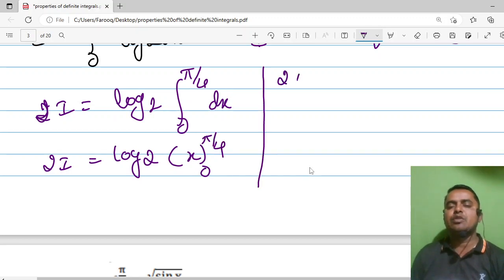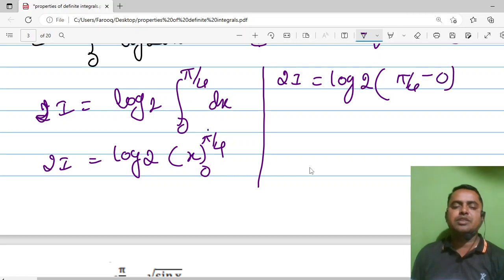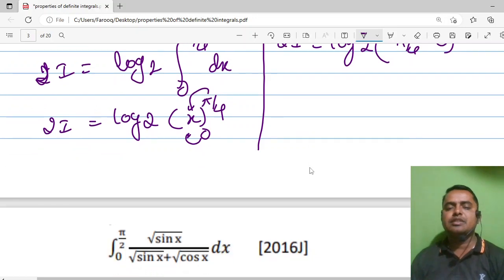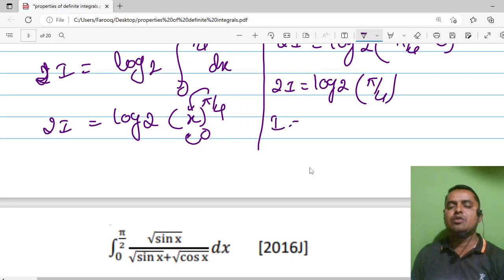Now 2I is equal to log 2 times the integral of dx, which is x, from 0 to 5 by 4. So 2I is equal to log 2 times 5 by 4 minus 0. First substitute the upper limit, then minus the lower limit. 2I is equal to 5 by 4 log 2, then I is equal to 5 by 8 log 2.